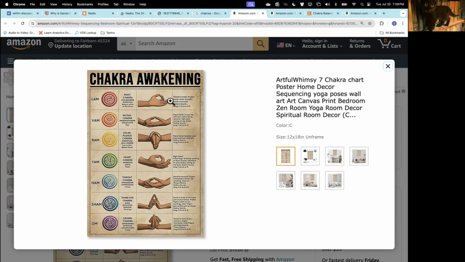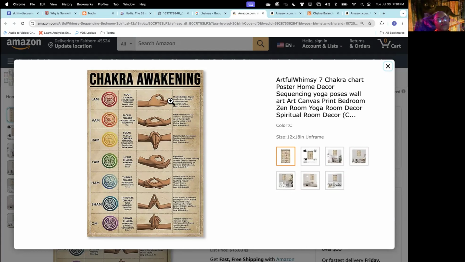So if you touch your thumb with the index finger, you can activate the Muladhara. Or you cannot say you can activate, you can basically stimulate the Muladhara chakra. Similarly, Vam is for the sacral chakra, Ram, Yam, Ham, Sham, Om. Om is for the crown chakra, which is the Sahasrara.